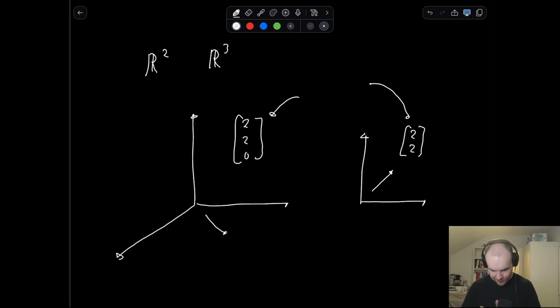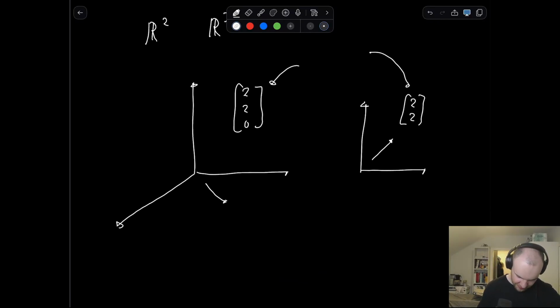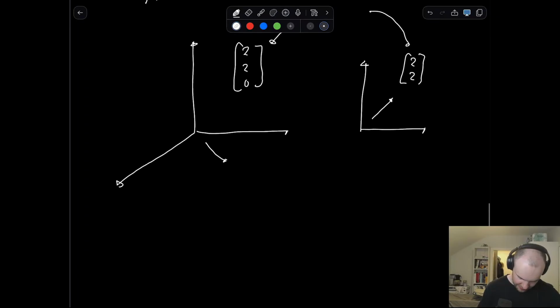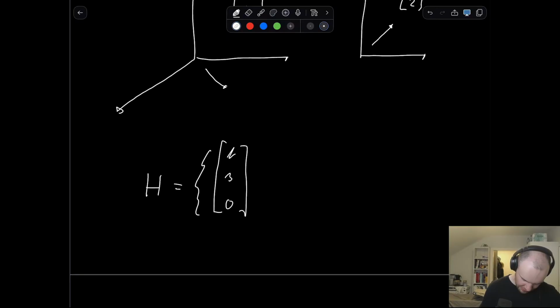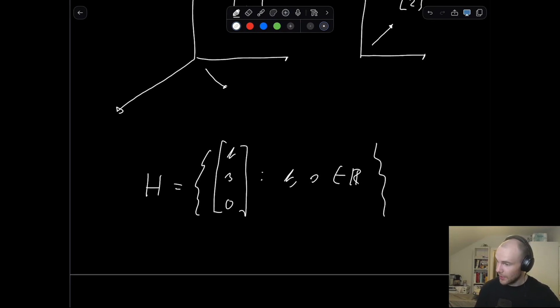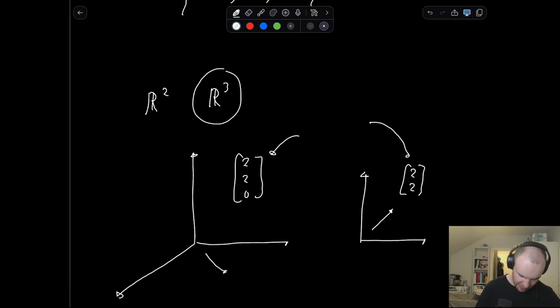You can see instantly, if instead I created this vector space here, so let's say I had t, s, and 0, where t and s are part of the reals, you could see that this plane is a subspace of the vector space R of 3.